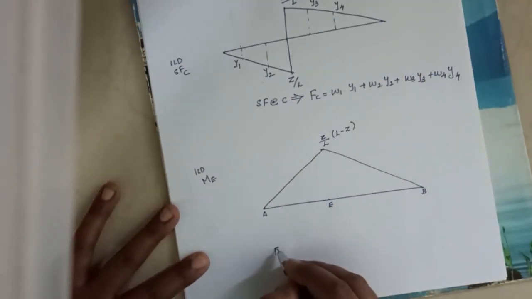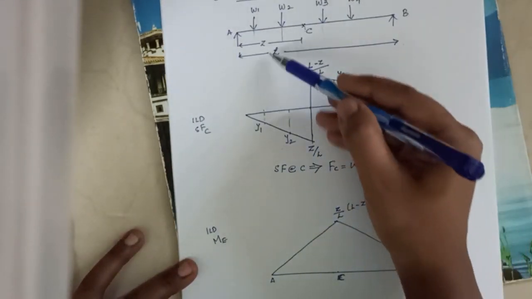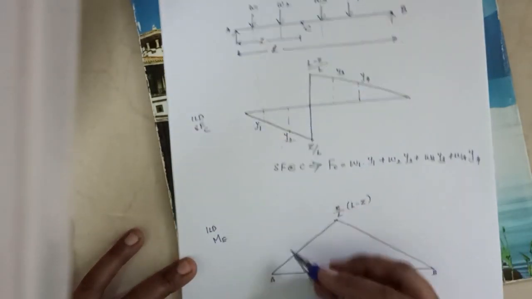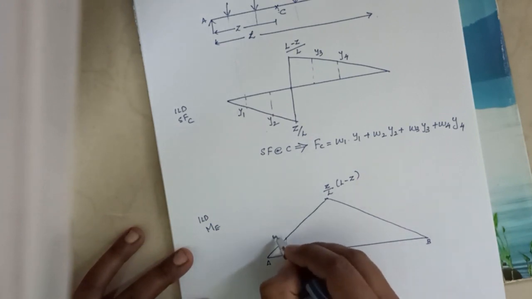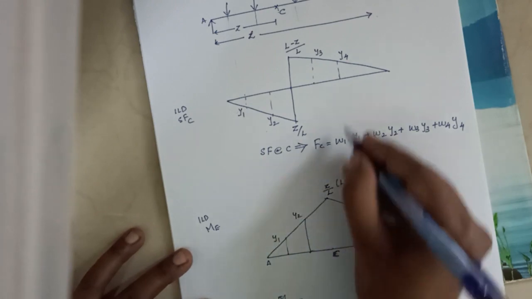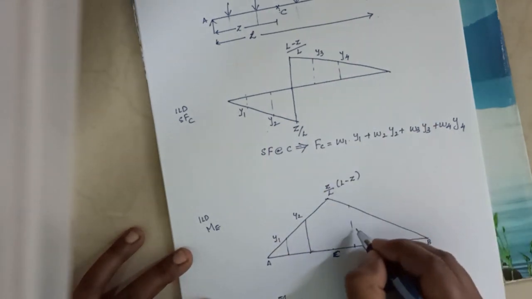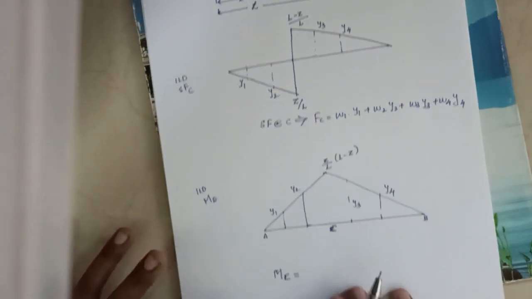For finding the bending moment at this section C, again we have to find the ordinates corresponding to W1 as Y1, Y2, Y3, Y4.